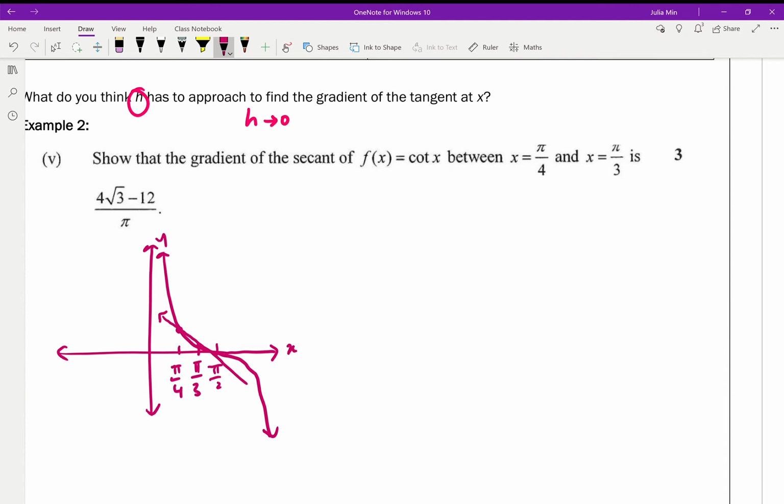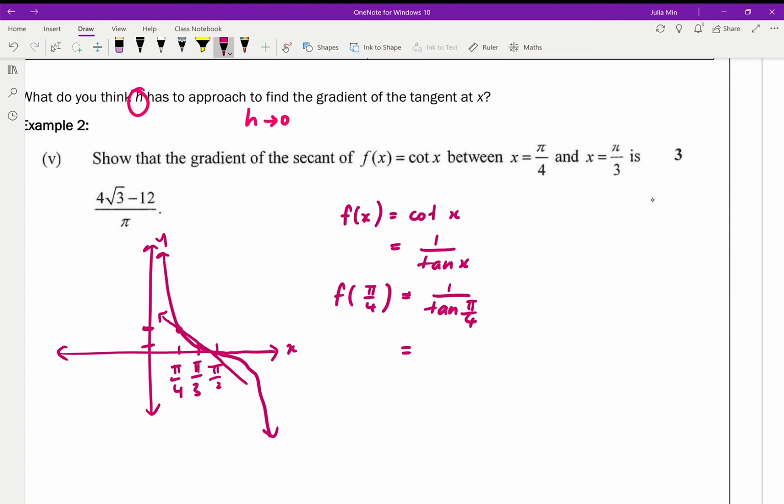Okay, and to do that, we need the corresponding y values here. So we're just going to sub it into cot. So f of x equals cot x, which equals 1 over tan x. Okay, and then to find the corresponding y value, that would be f of pi on 4, which is 45, 1 over tan 45.